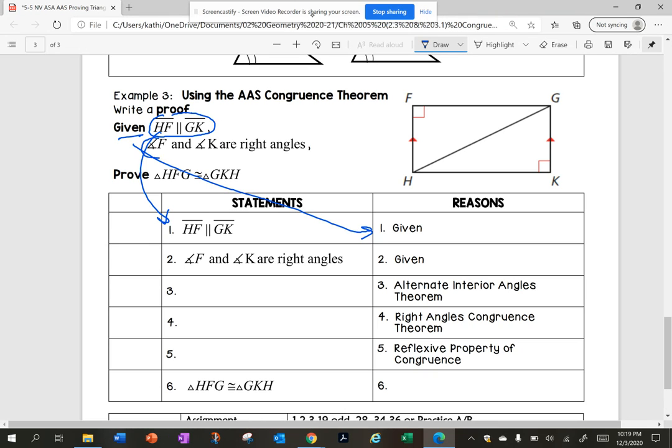And angle F and angle K are right angles. Those are statements again, and my reason is given. I am proving, and I don't ever write that, that my two triangles are congruent. So that's my last statement.